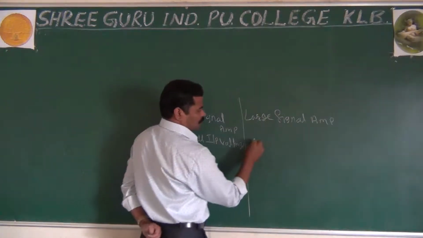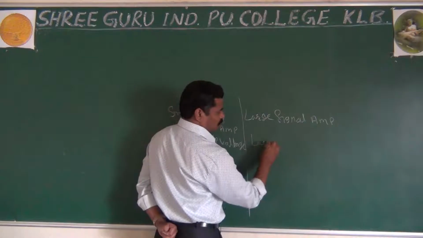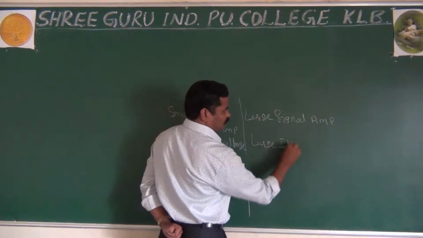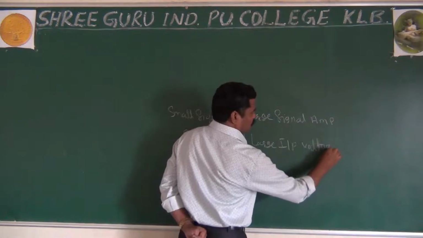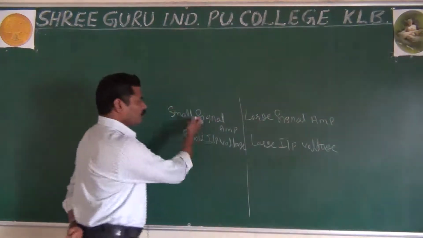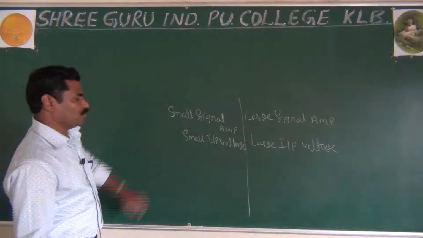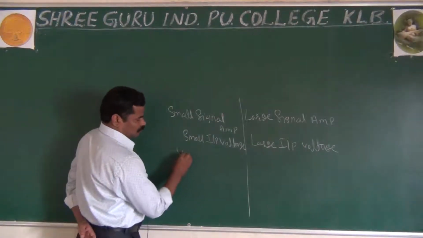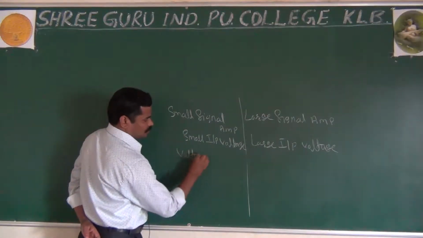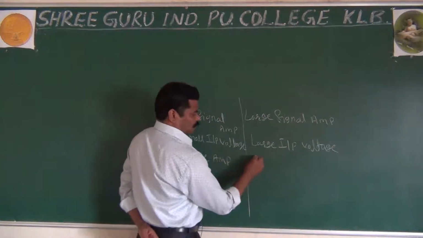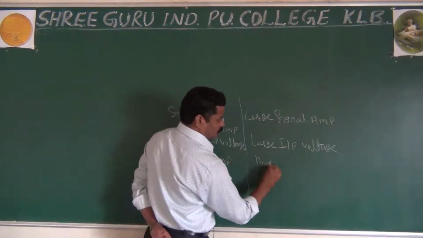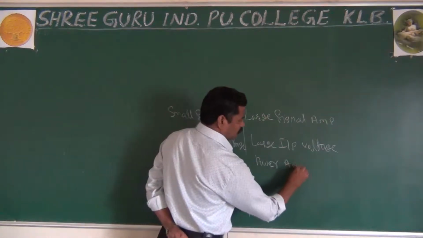Here you apply a very large input voltage. The small signal amplifier is also called a voltage amplifier, and the large signal amplifier is called a power amplifier.